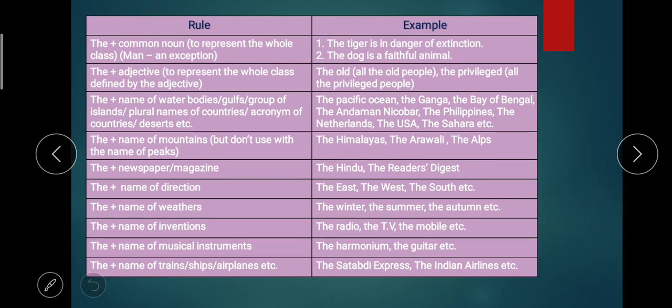Moving to the next: common noun to represent the whole class, like we saw in the case of A or AN. When A or AN is used before a noun, that noun sometimes represents the whole class. The same is the case with "the" also. "The" used with a noun can represent the whole class. Like: the tiger is in danger of extinction.